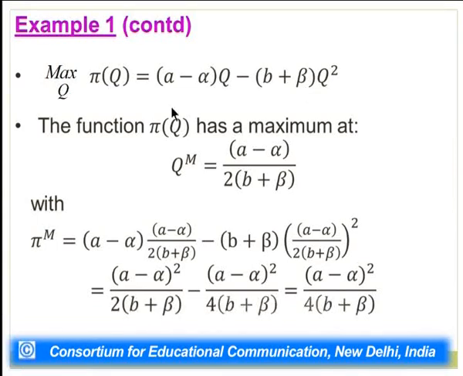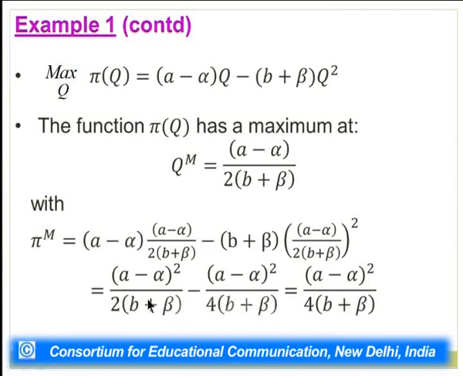So when you substitute Qm instead of Q here, we get the optimal level of profits, the maximum profits at the optimum. That would be given by A minus alpha times Qm, which is A minus alpha divided by 2 times B plus beta, minus of B plus beta times A minus alpha by 2 times B plus beta, the whole square, because that's a Q square.